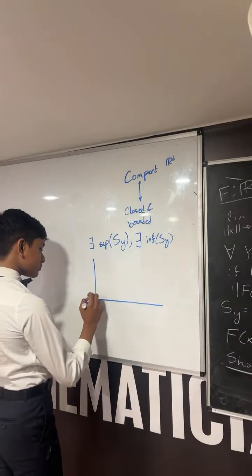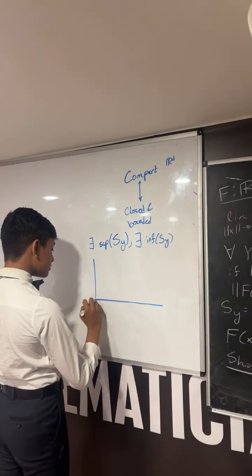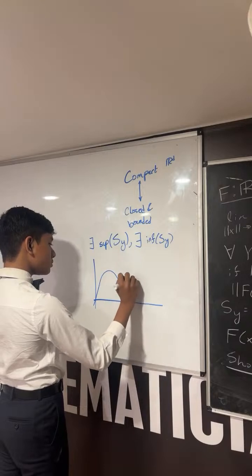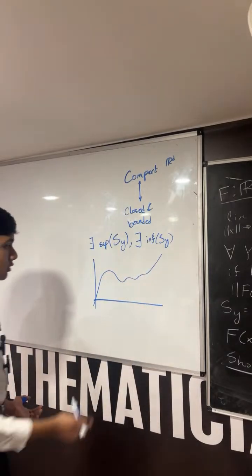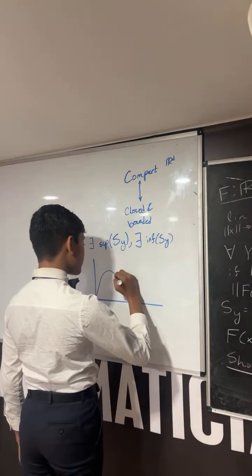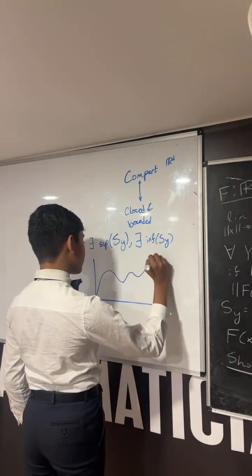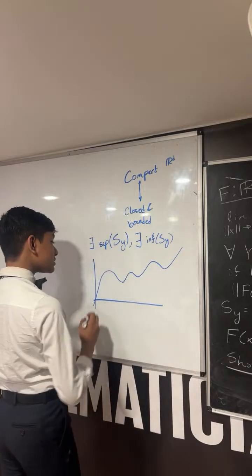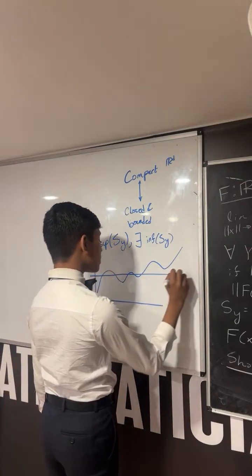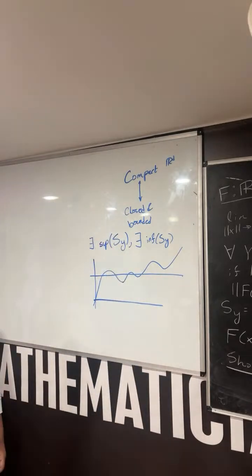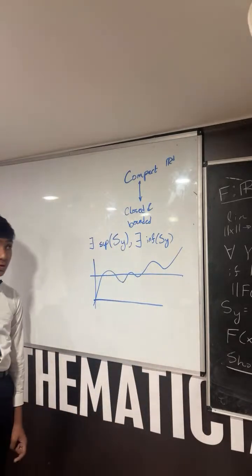So, let's draw. It might cross the same point, and just to make the humps more visible, it might cross the same point many times before moving on. But at some point, it has to move on.